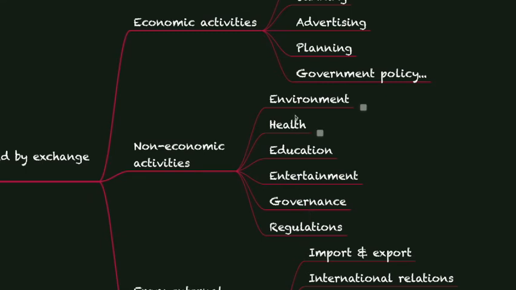For instance, let's say environment. How does environment affect the economic activities in a country? For instance, a few years back, there was a tsunami in the country. It affected most of the coastal cities and towns. What happened back then?